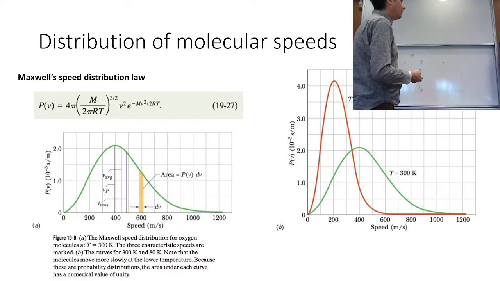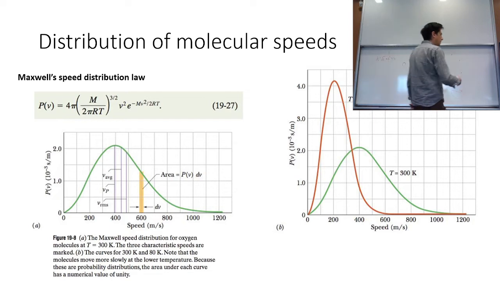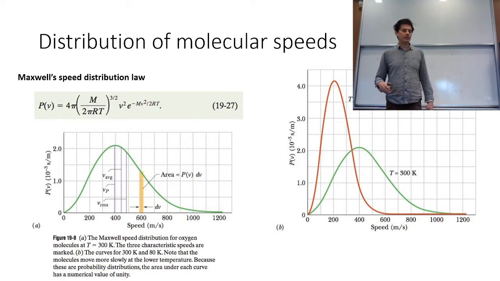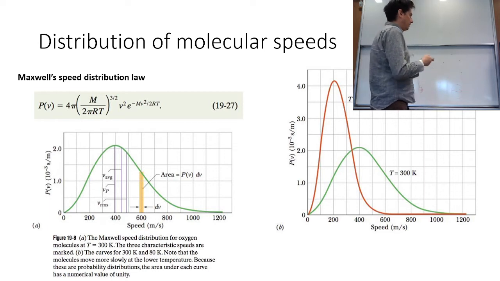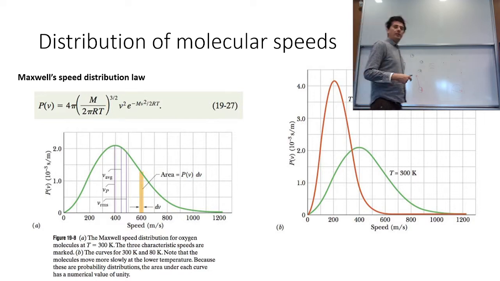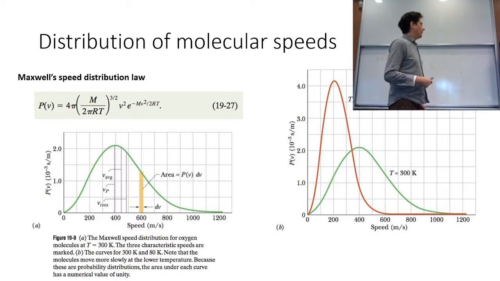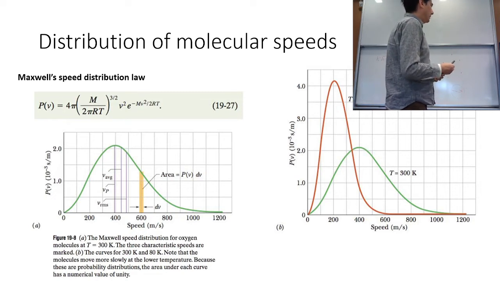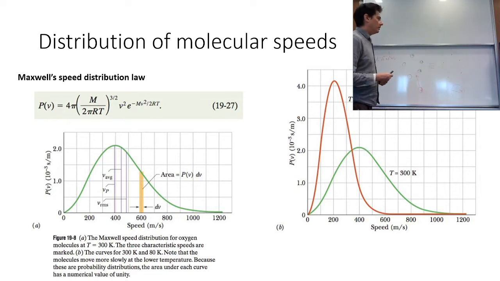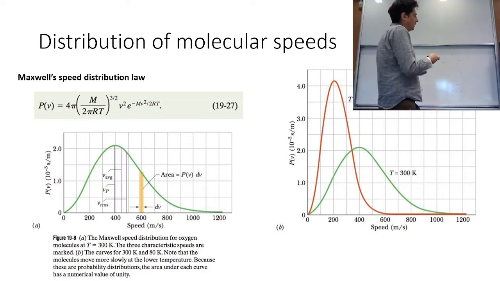So if you look at the actual speeds of an atom, there will be a whole range, as I said, and Maxwell's speed distribution law gives a formula for that distribution. Again, we won't really derive it, but it's basically derived in a statistical way. So this is the probability that an atom in a gas will be moving at a particular velocity.